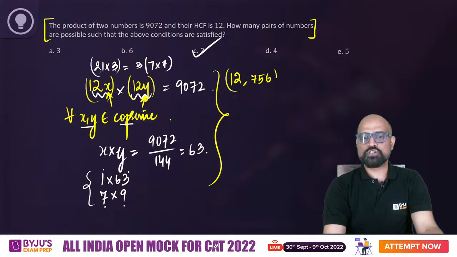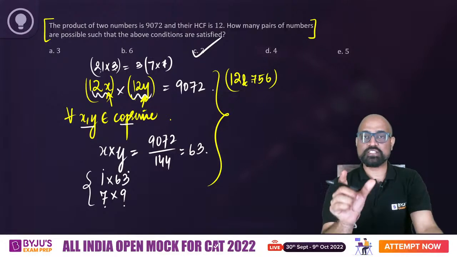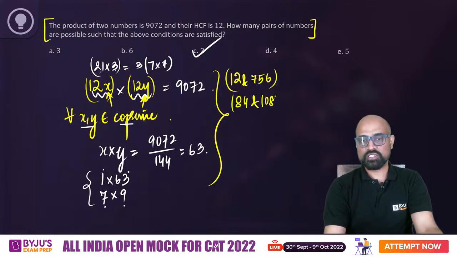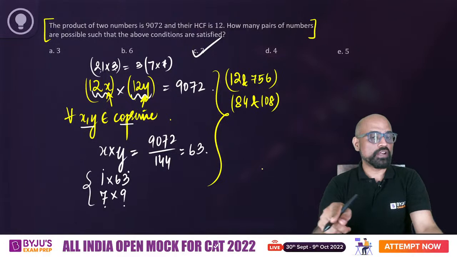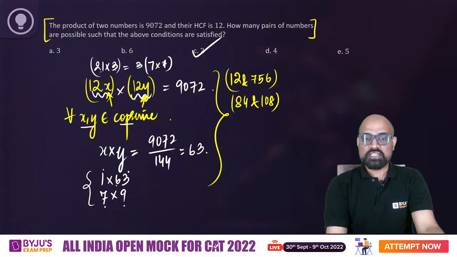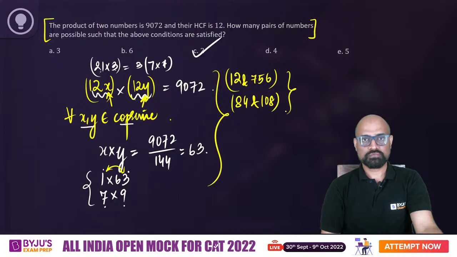So can I say 12 and 756, this is one pair of numbers whose product is 9072 and their HCF is 12? Okay. Next, if I put 7, so I will get 12 into 7, 84, and I'll get 12 into 9, 108. So 84 into 108 is 9072, first thing. Second, their HCF is 12. Just because if I interchange, will I get a new pair? No.